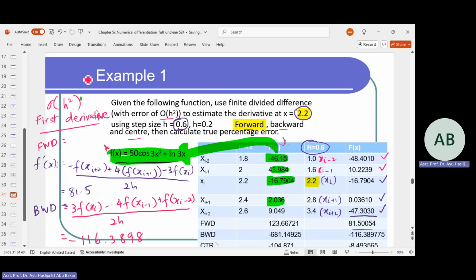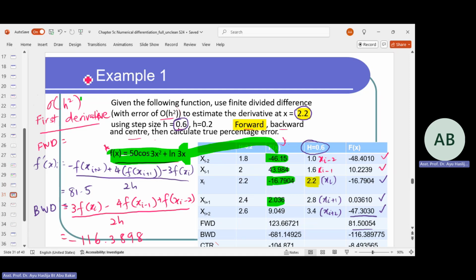Here, to get the true value, you can either directly derive from this equation or you can use your calculator. True value, 1 mark. Your answer will approach the true value. Press the calculator just to find the true value.